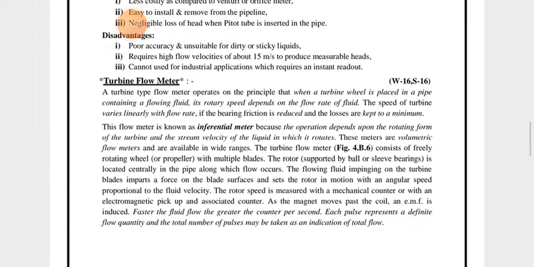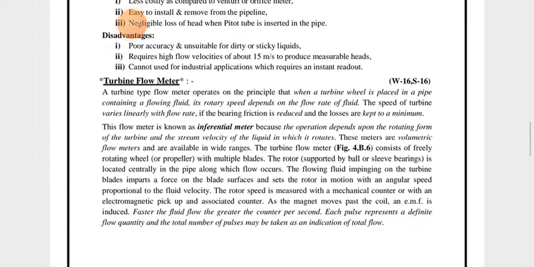The turbine flow meter consists of a freely rotating wheel with multiple blades. The rotor, supported by ball or sleeve bearings, is located centrally in the pipe along which the flow occurs.